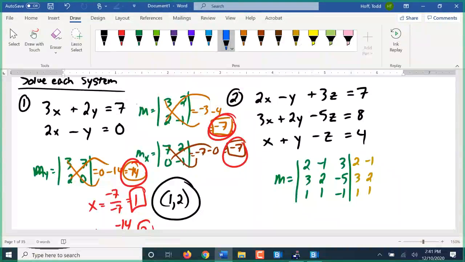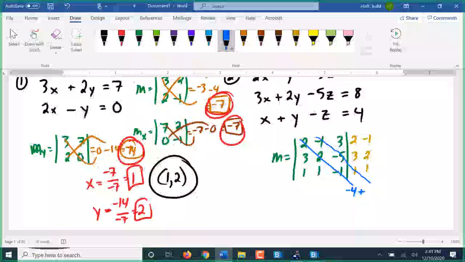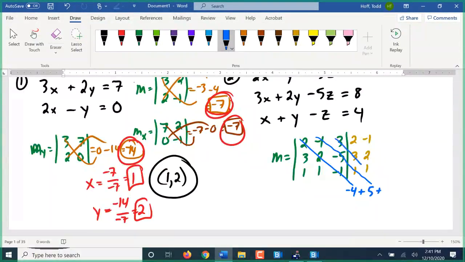Doing our down diagonals: 2 times 2 is 4, times negative 1 is negative 4, plus negative 1 times negative 5 is 5, times 1 is 5, plus 3 times 3 is 9, times 1 is 9, giving us 10 for the down diagonal product.